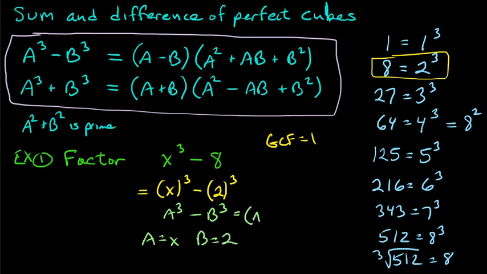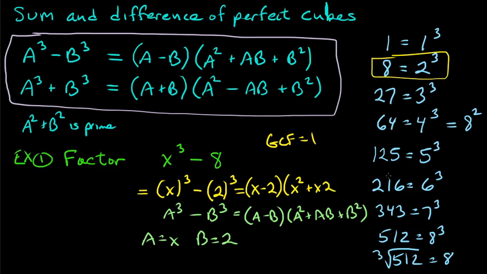So if a cubed minus b cubed is a minus b times a squared plus ab plus b squared, then x cubed minus 2 cubed is just x minus 2 times x squared plus x times 2, although we usually put the 2 in front, so that's 2 times x, plus 2 squared, but 2 squared is also 4.